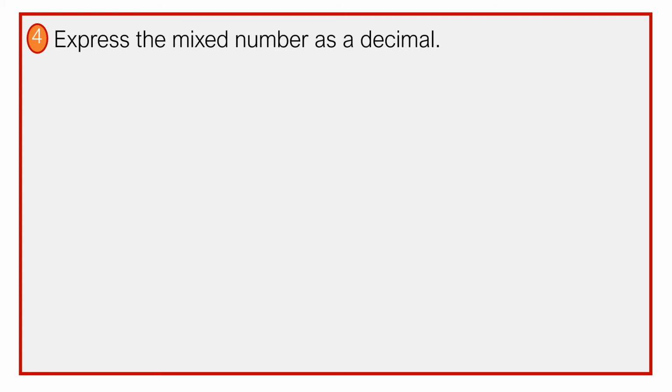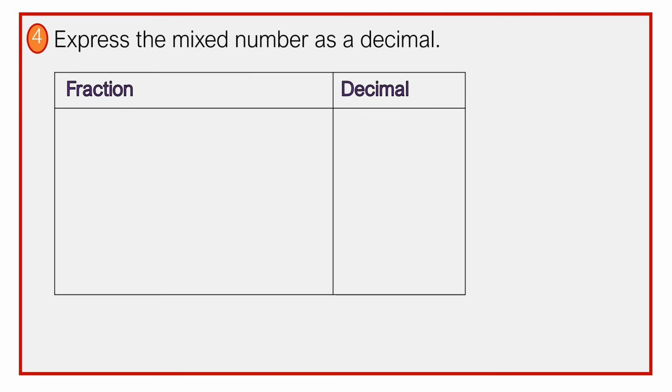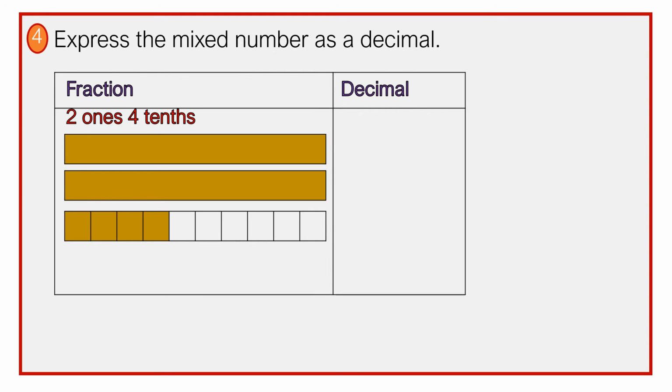In part 4, express the mixed number as a decimal. Now, we have 2 ones and 4 tenths.